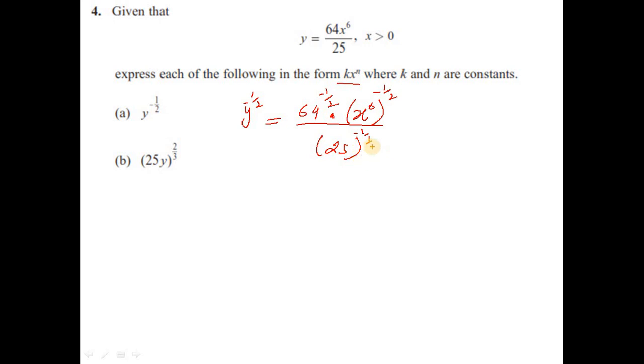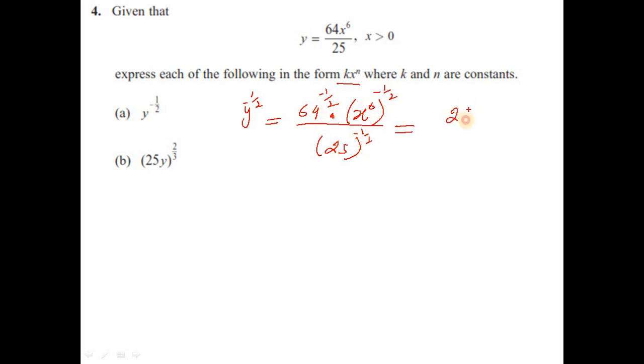So what I'm doing is, because the power is negative and I cannot calculate negative power, the easiest way is to make the power positive. And how do we do that? We send numerator terms to the denominator and denominator terms to the numerator. So you just send 25 to the power minus half up and these two down.